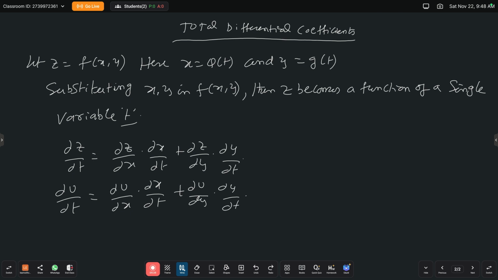So here this is called the total differential coefficient. So u is another variable. There are three variables, x, y, z, can be expanded for the total coefficients.